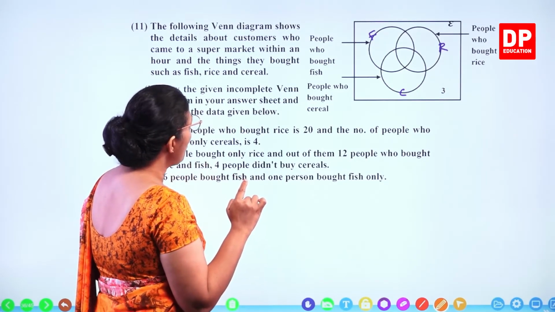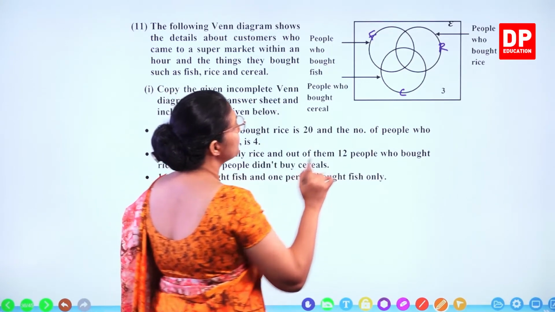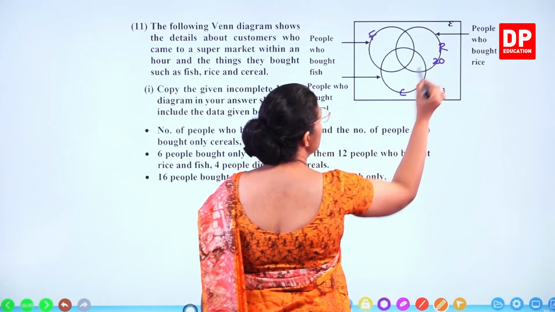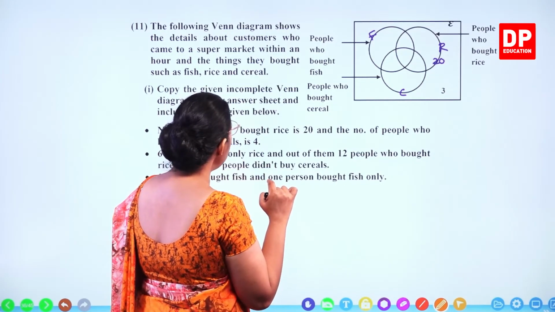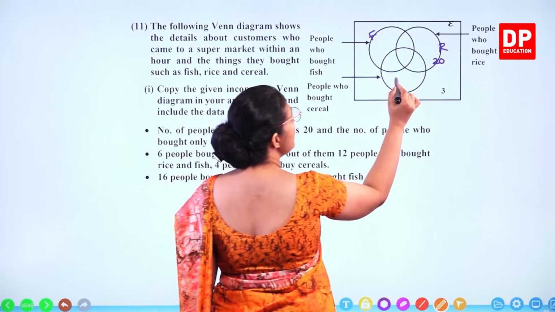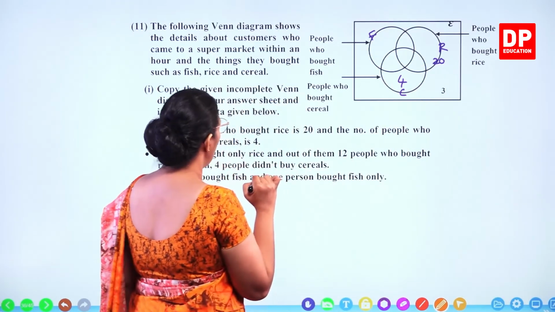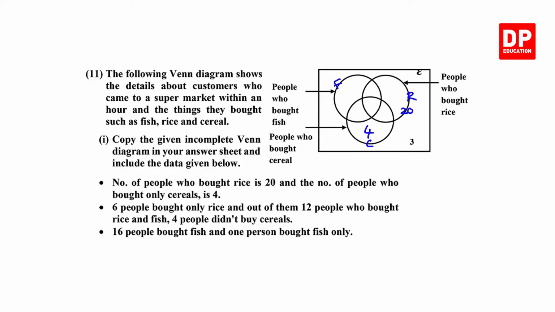Number of people who bought rice is 20. Rice is 20 here. Number of people who bought only cereals is 4. Only cereal is this part. So that's 4. 6 people bought only rice, and out of them 12 people bought rice and fish. 4 people didn't buy cereals.